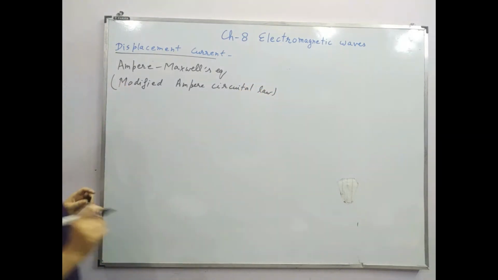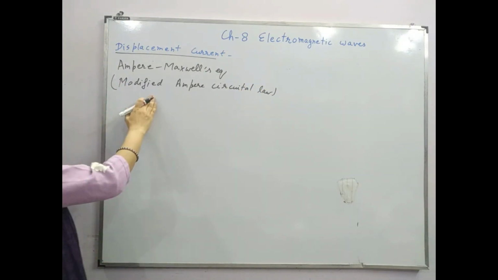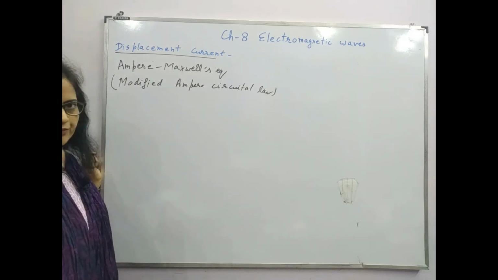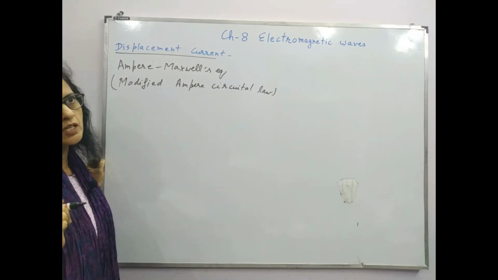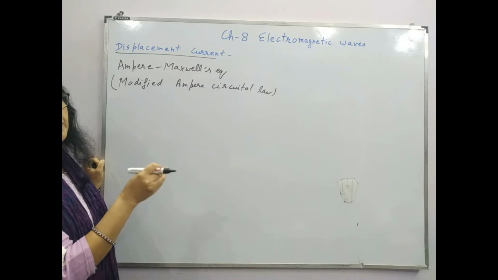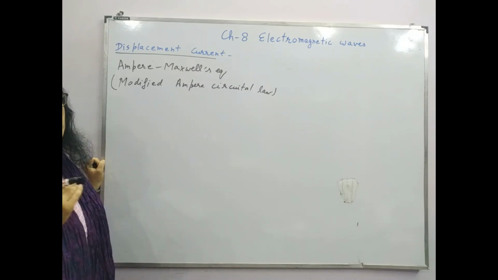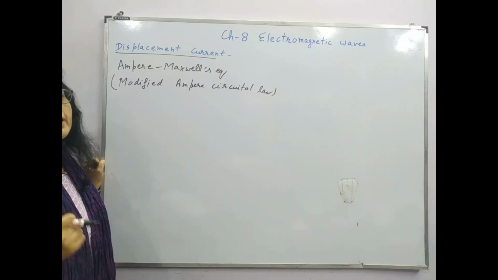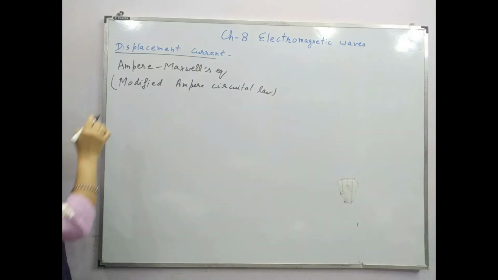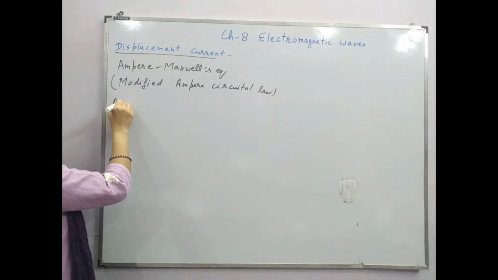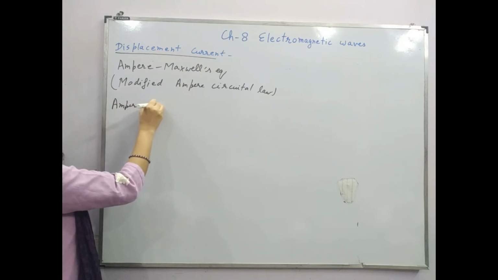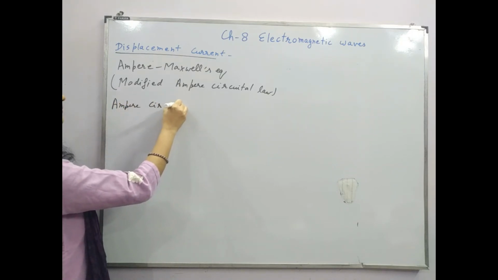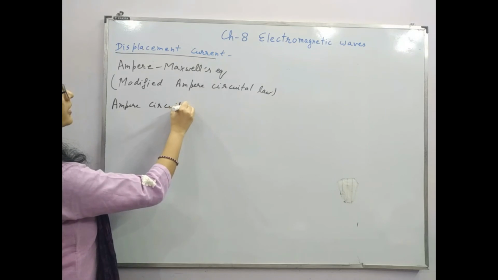Maxwell was the first one who said that if the capacitor blocks DC, then there must be something present between the plates, which is resulting in continuity of the circuit and which is showing the momentary deflection in the emitter. So he said that the normal Ampere circuital law is inappropriate.